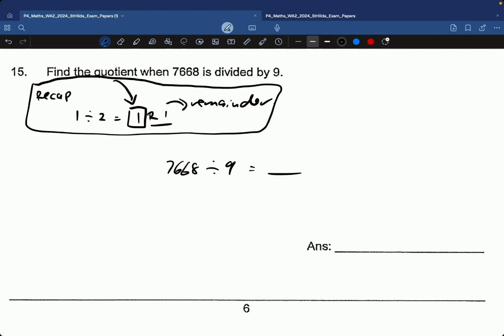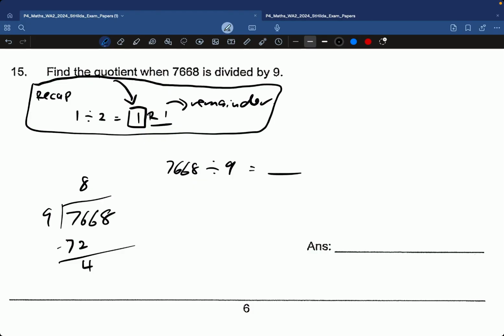So for question 15, 7668 divided by 9. You cannot have 7 divided by 9, so we move on, which is 76. So we can subtract 72, which is a multiple of 9. 76 minus 72 will be 4.